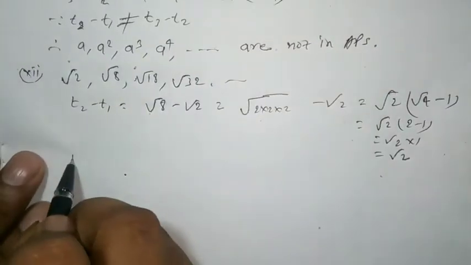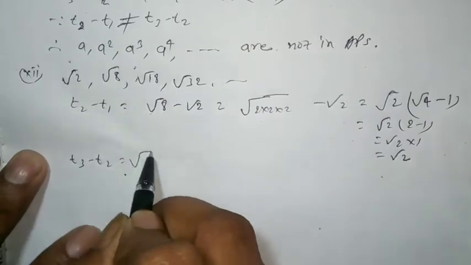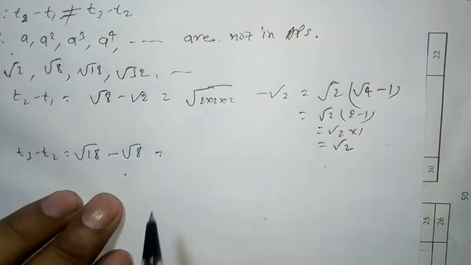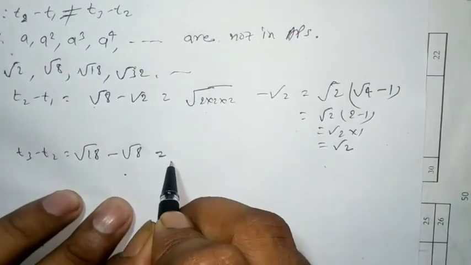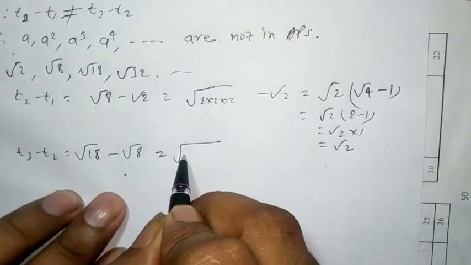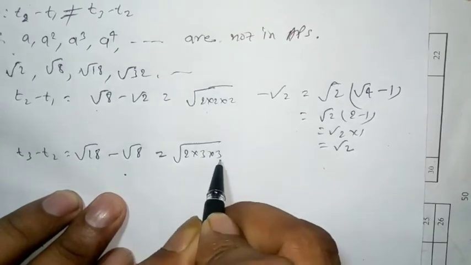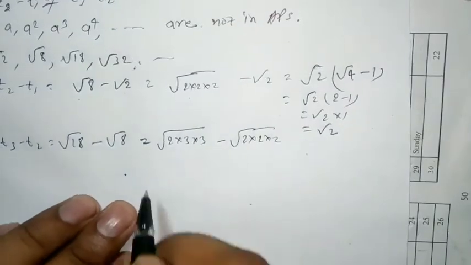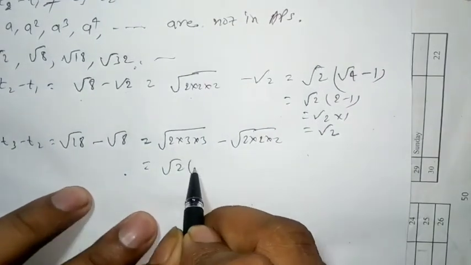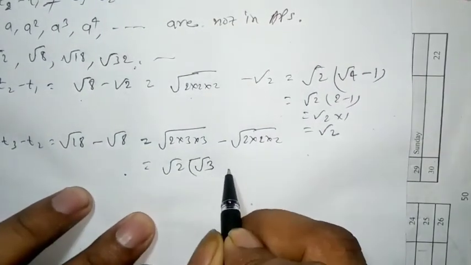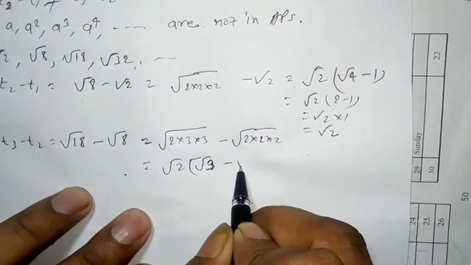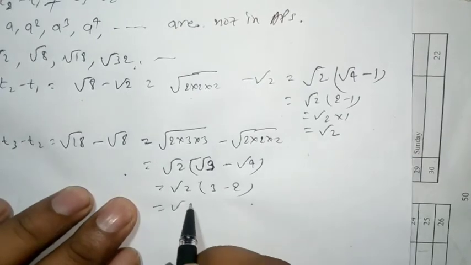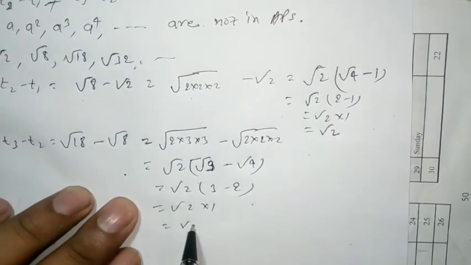Now t3 minus t2 is equal to root under 18 minus root under 8. Root under 18 is 2 into 3 into 3, root under 8 is 2 into 2 into 2, so root under 2 is common, then root under 9 minus root under 4, root under 2 into 3 minus 2, root under 2 into 1 is equal to root under 2.